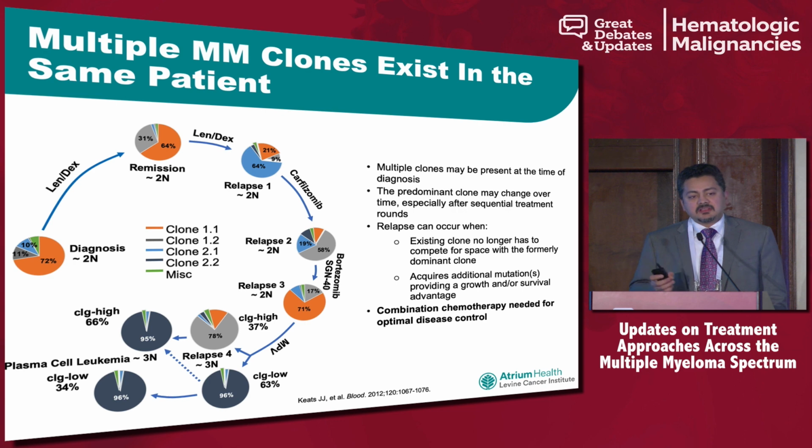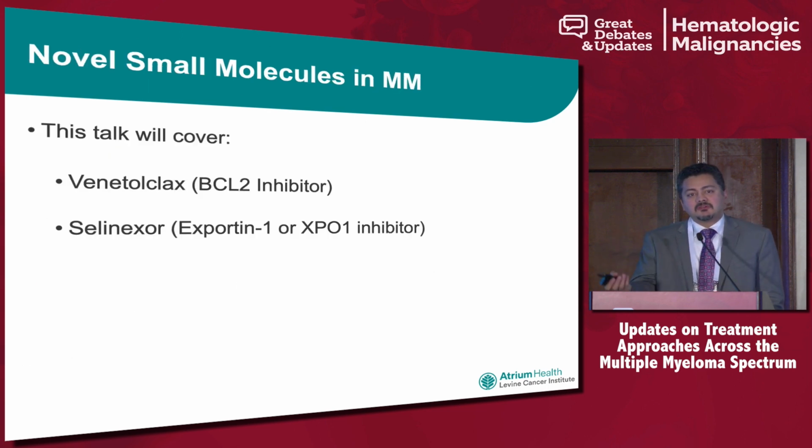If we are utilizing one mechanism of action to treat those patients, we may be able to control one clone, but at the time of relapse, another clone emerges. There is this clonal evolution and tiding concept, which helps us think of this more conceptually. And so combination chemotherapy is extremely important if we are going to have long-term disease control for myeloma.